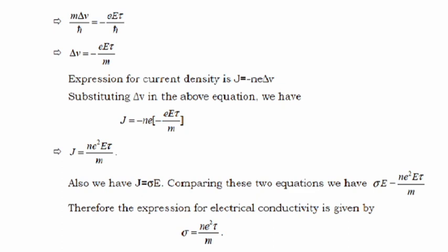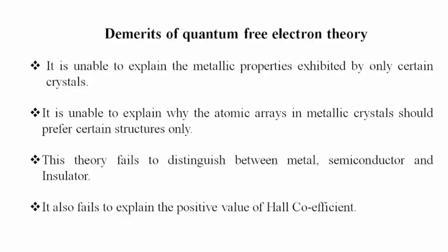So substituting delta v in the above equation, we find that J is equal to n e squared τ E by m. So we know J is equal to sigma E, so comparing these two equations, sigma is equal to n e squared τ by m.